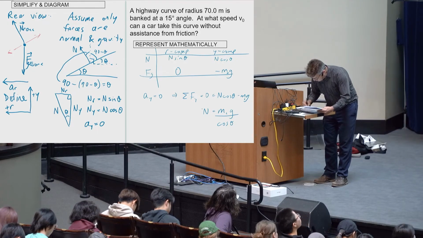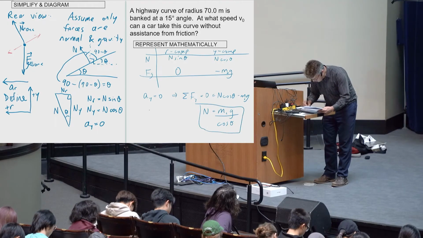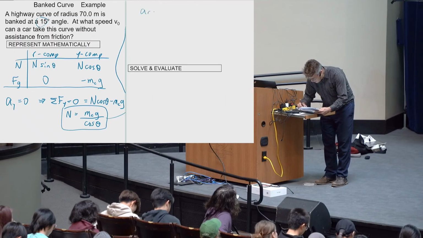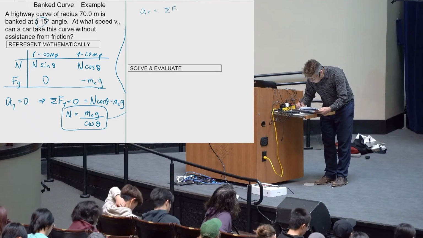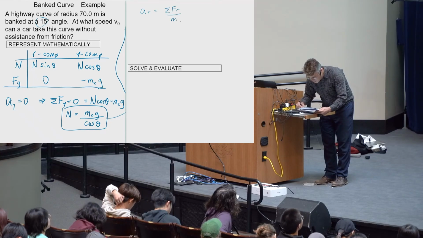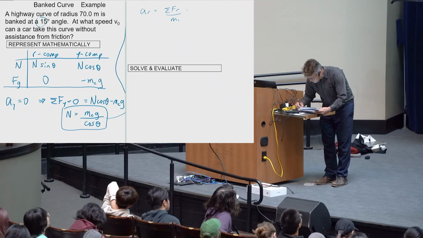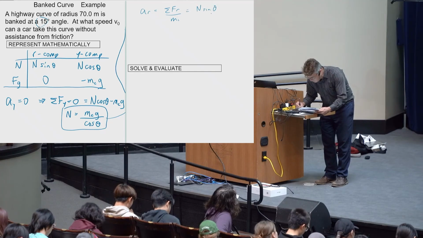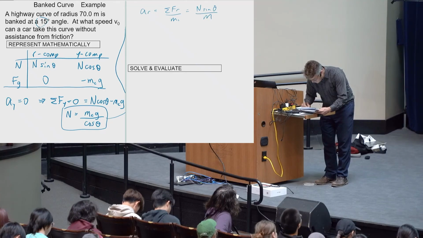And then what we'll do, so we have that equation, and we'll plug that into, up here, a sub r is the sum of all the forces in the r direction divided by the mass of the car, which equals n sine theta, the only r component force, divided by m.